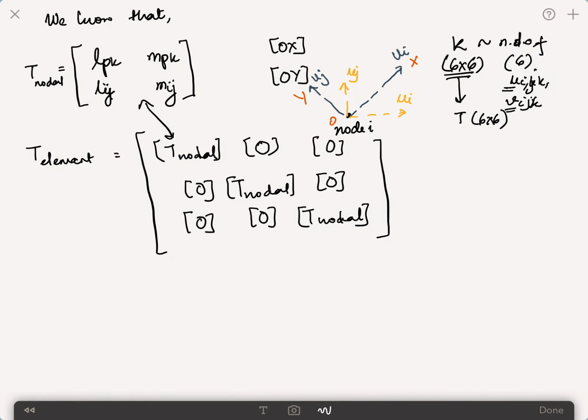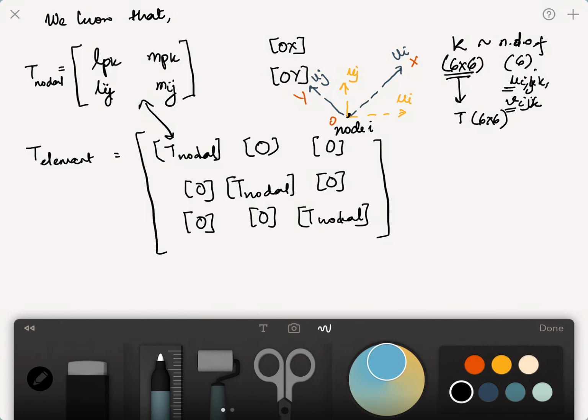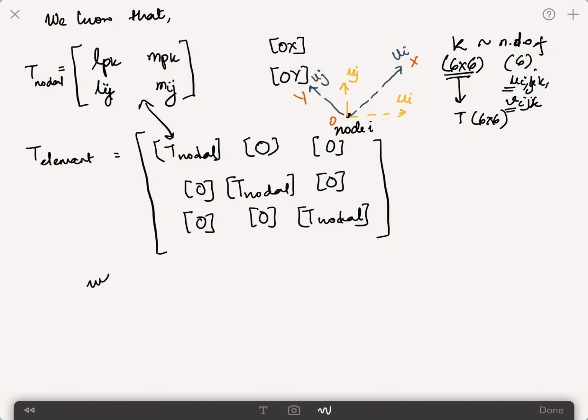Of course T nodal is given to you, and the 0 matrix here is also 2 by 2, because T nodal is 2 by 2, given as a matrix that looks like this. So if I put everything together, then this 3 by 3 matrix, sort of like a tensor which contains more matrices, would become a full-blown 6 by 6 transformation matrix.